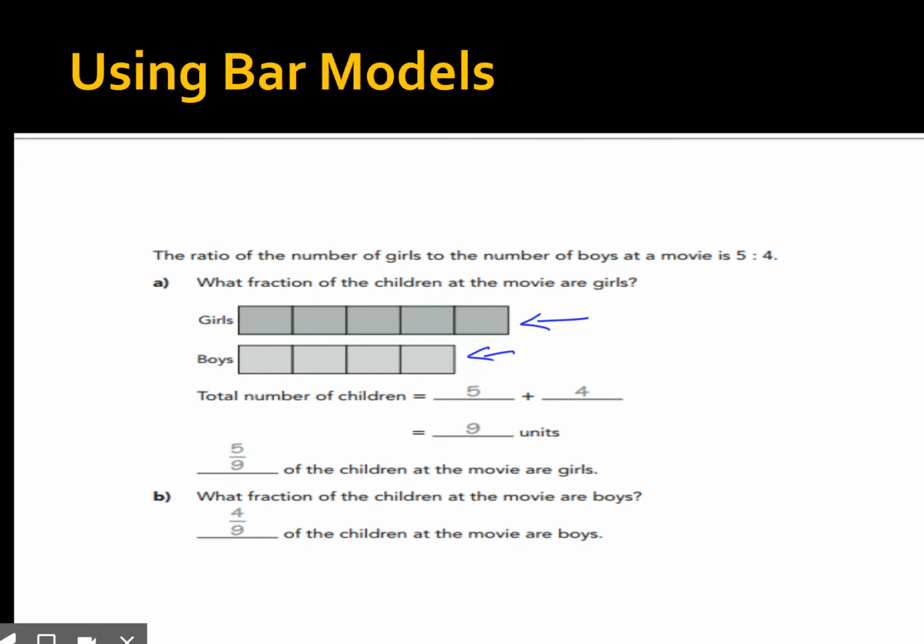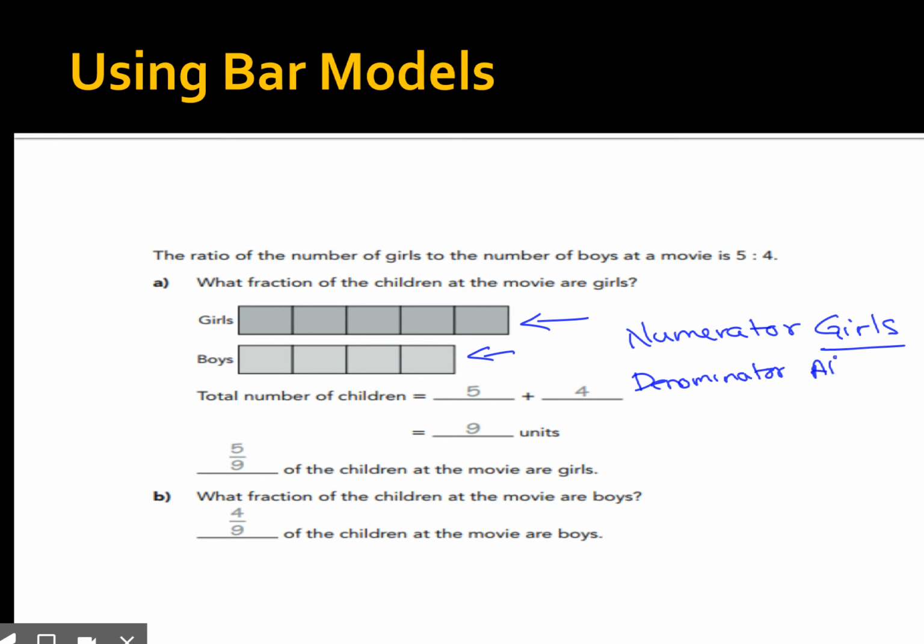So part A says, what fraction of the children at the movies are girls? Okay, so when doing fractions, the numerator is going to be the population they're asking you about. So in this case, it's going to be girls over the denominator, which in this case, they're asking about what fraction of all the children.